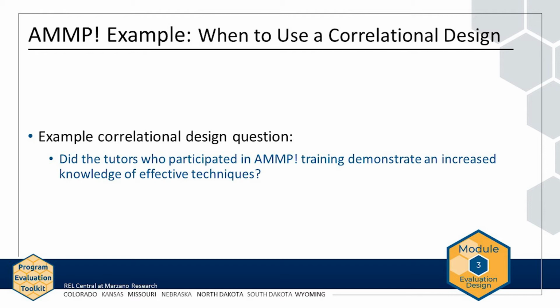Did the tutors who participated in AMMP training demonstrate an increased knowledge of effective techniques? However, the team will not be able to say that the training caused increased tutor knowledge. A common mistake is using descriptive or correlational designs to say, this intervention caused this to change.